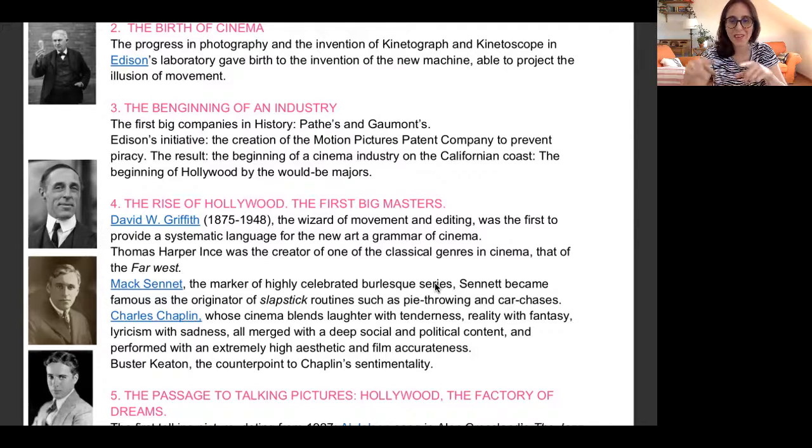So I guess I have misspelled there. It's a grammar of cinema. Well, anyway, you understand. Thomas Harper Ince was the creator of one of the classical genres. Remember this word before? I explained the difficulties of pronouncing this word for Spanish speakers. Genres, don't confuse with gender, in cinema, that of the Far West.